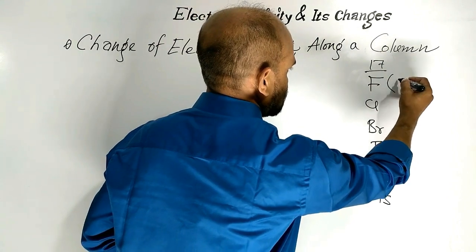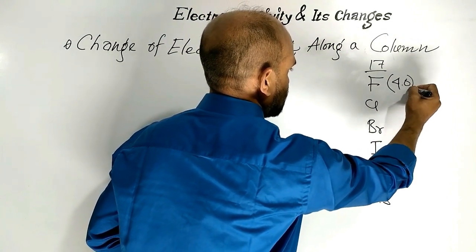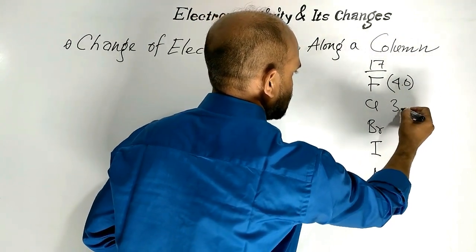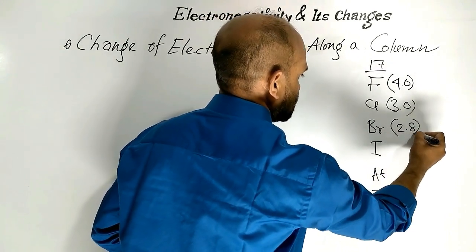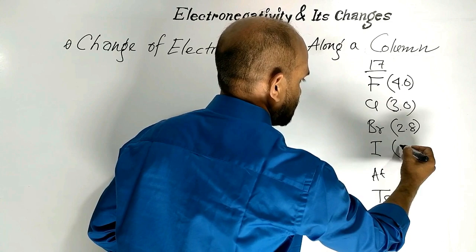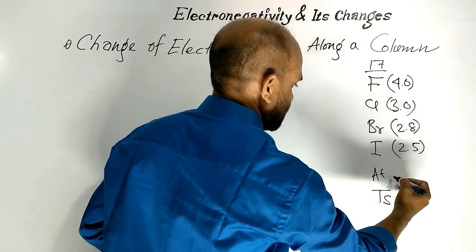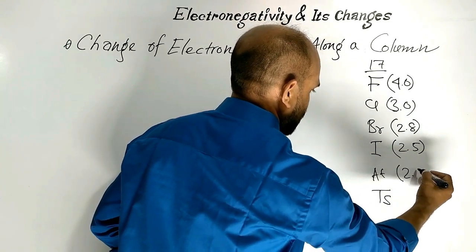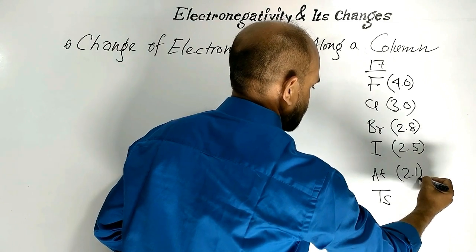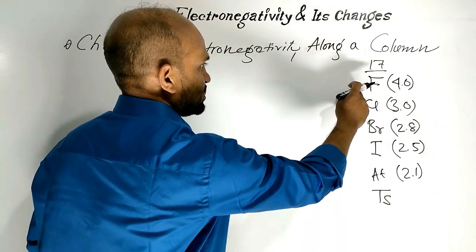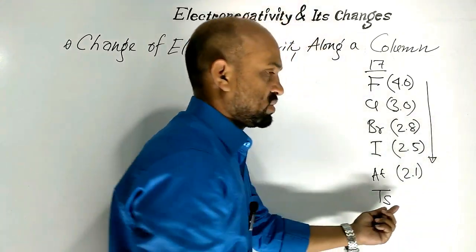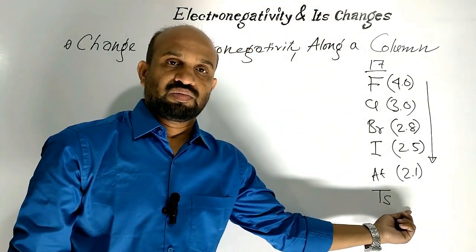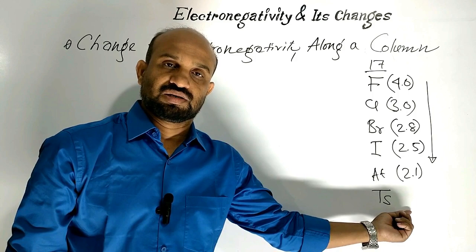Electronegativity of fluorine is 4.0, chlorine 3.0, bromine 2.8, iodine 2.5, astatine 2.1. Here we see that from top to bottom along a column, electronegativity decreases.